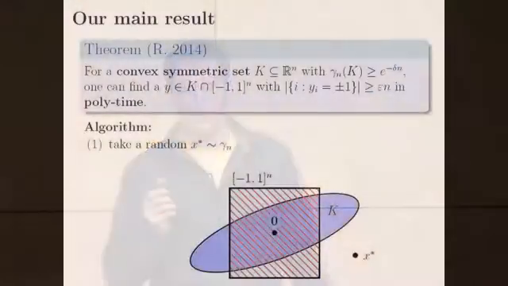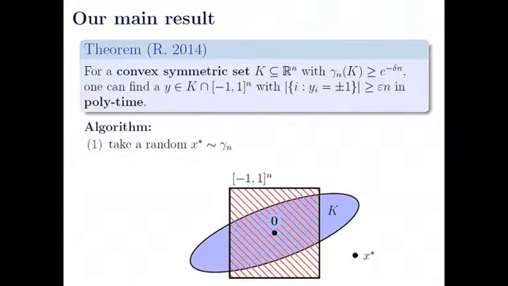And here's the whole algorithm. Step one is you take a random Gaussian, let's call it X star. If you take a random Gaussian, then it's extremely unlikely that this random Gaussian will be in K or will be in the hypercube. So this point is definitely not going to do the job. But here's the trick.